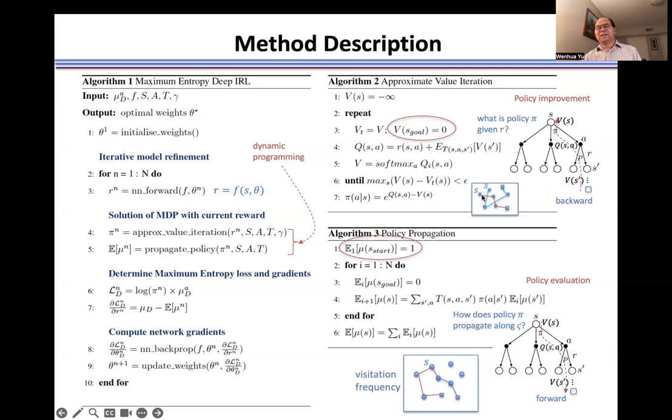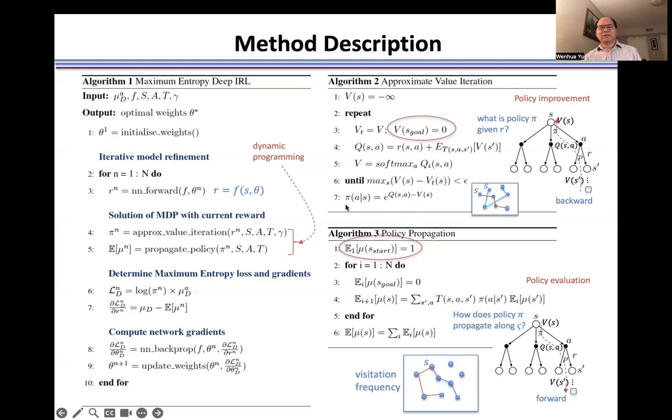And then we update Q and V from all the possible initial states and all the possible trajectories. Once we get the converged Q and V, we can use this exponential formulation to calculate the policy pi. This policy pi means the probability of action A at the state S.